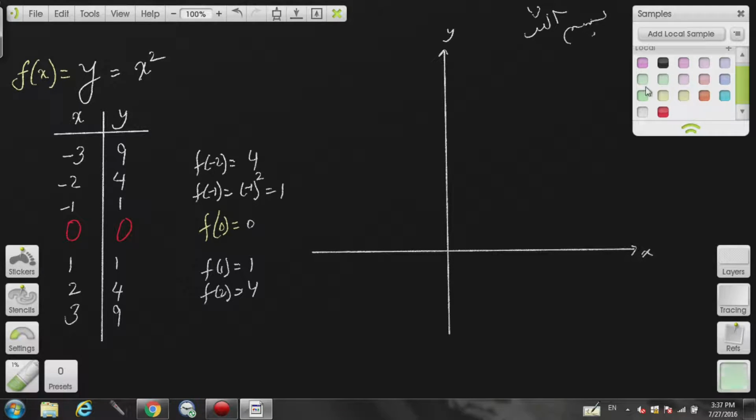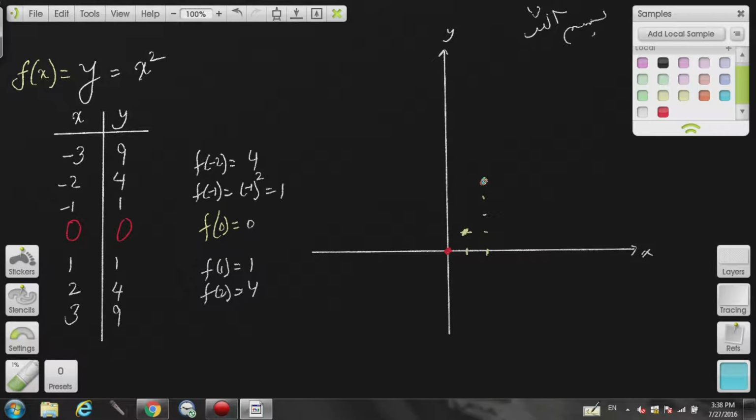Now, even before you graph this, look at this: 0, 1, 4, 9, 0, 1, 4, 9. So, let's draw. So 0, 0 is right here. When x is 1, y is 1. When x is 2, it is 4, approximately over there.